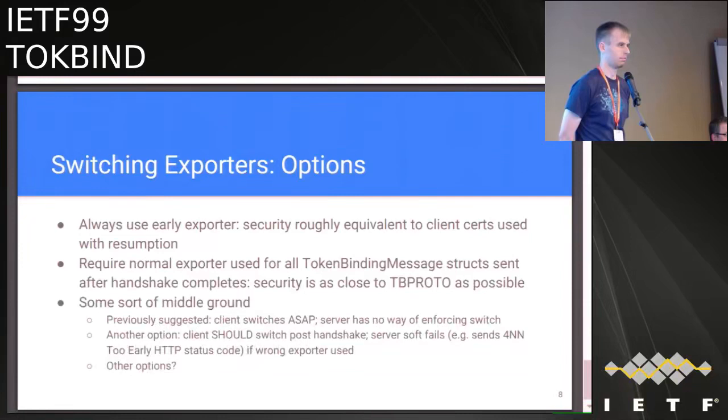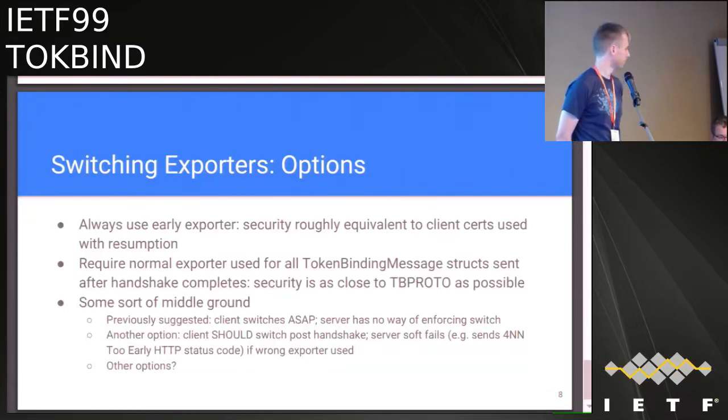There's been some pretty good analysis of using client certificates, I think. And if this is as good as client certificates, then we're actually doing pretty well. Reusing the early export and just committing for the whole connection.